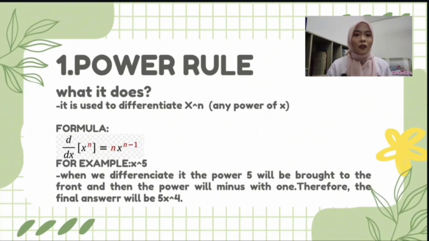The formula is like being given. For example, you got a question, y equals x power 5. When we differentiate it, the power 5 will be brought to the front and then the power will be minus 1. Therefore, the final answer will be 5x power 4.